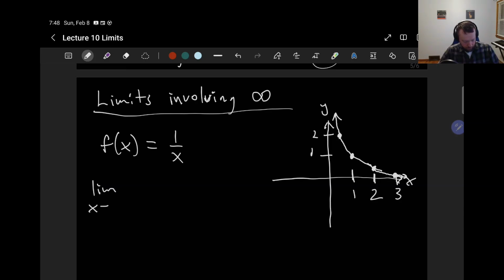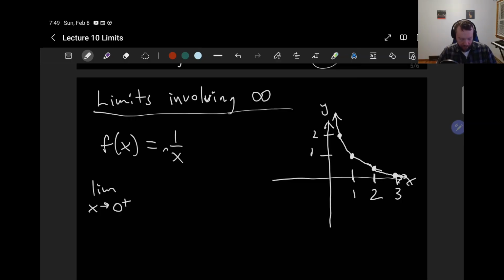So what I just described is a one-sided limit. As our x value approaches 0 from the right, so as we're headed towards 0 from the right side, our graph is just shooting up towards infinity.